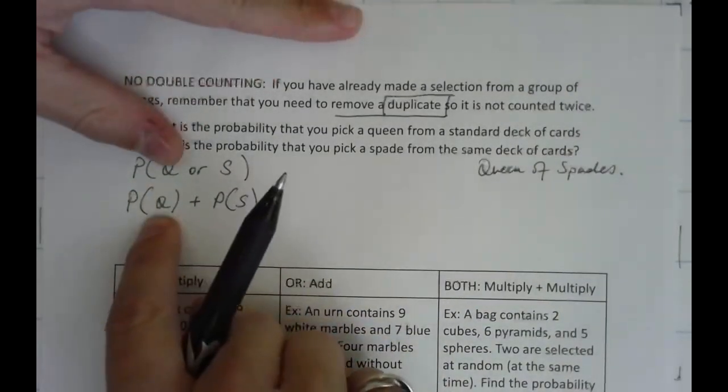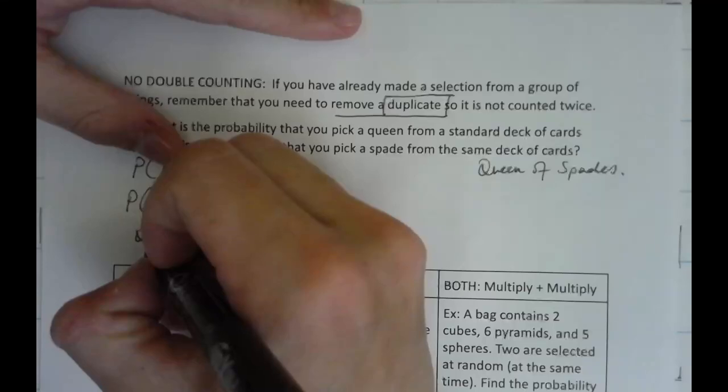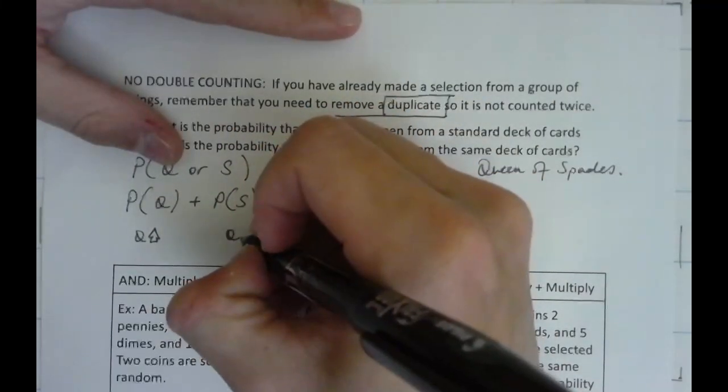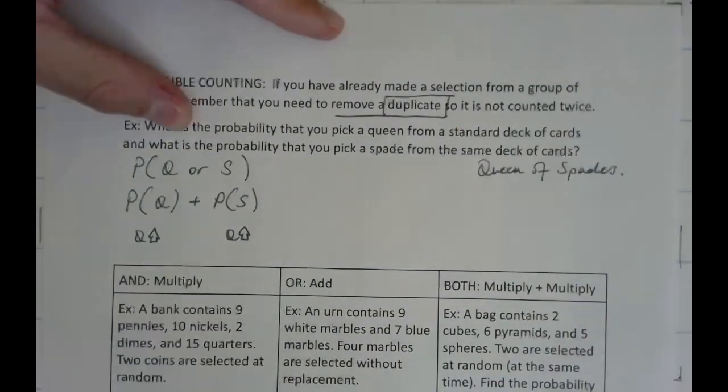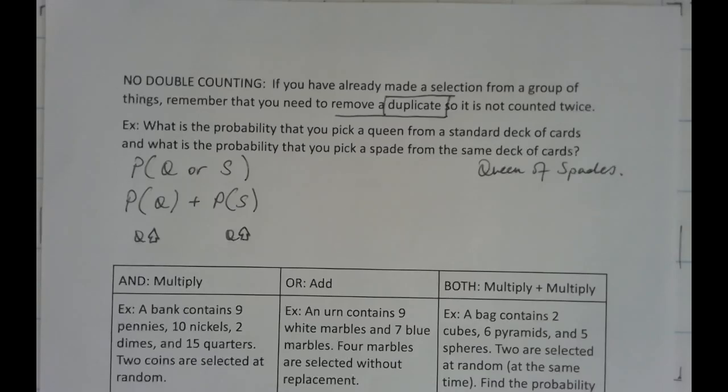So here, you've counted the queen of spades once, and you counted it again, because it's also a spade. So essentially, removing that duplicate is the act of fixing the possibilities once you have a problem.